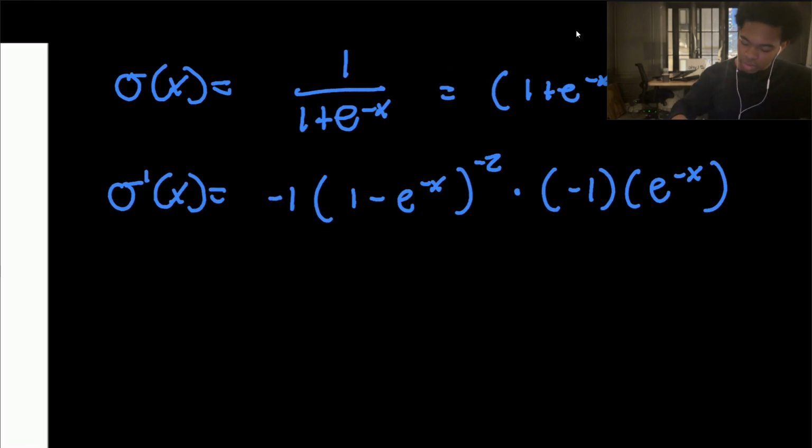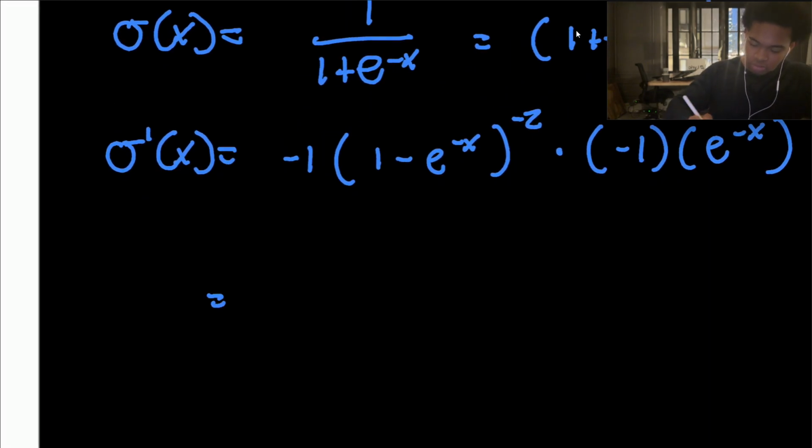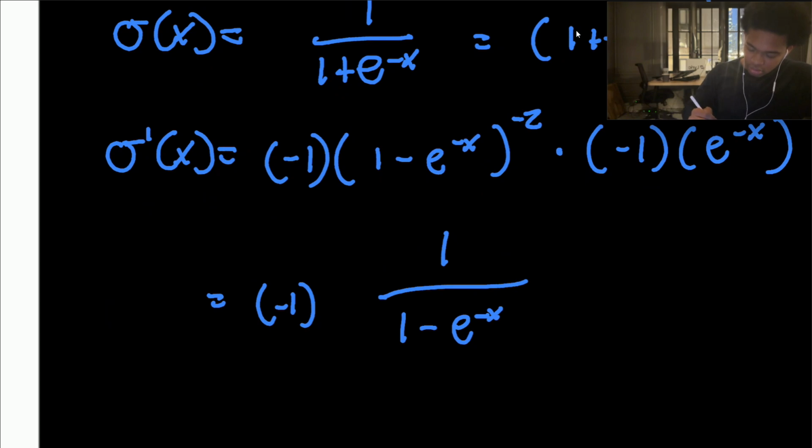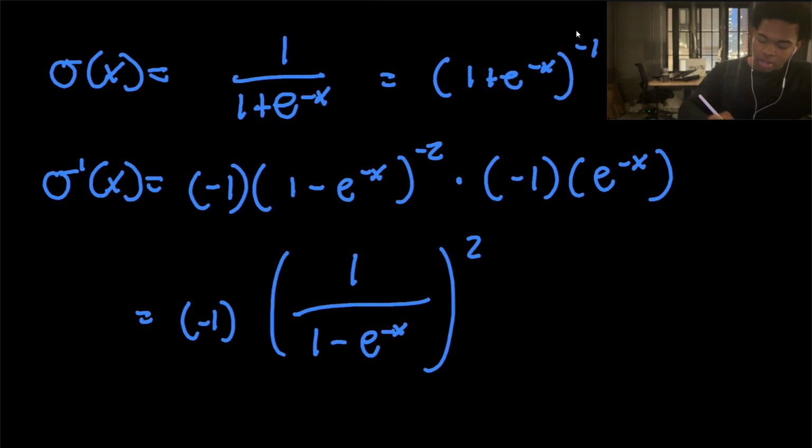Okay. I would already cancel the -1s, but maybe I'm not supposed to. Let's keep them. So do I want this whole thing squared? And then eventually I'll expand it.